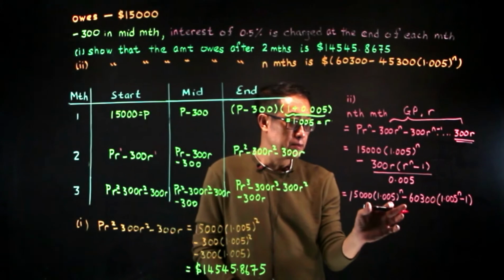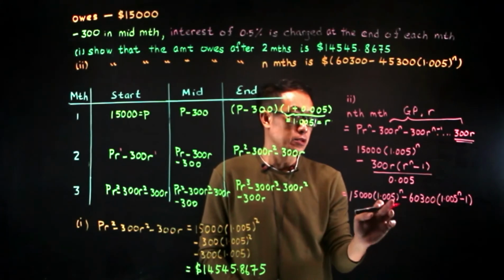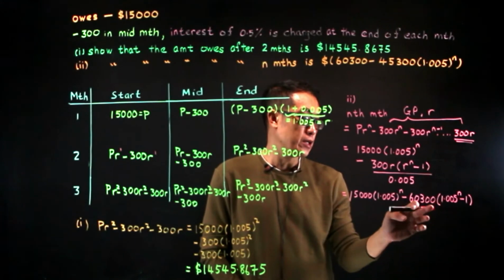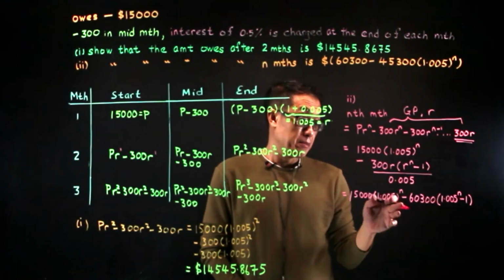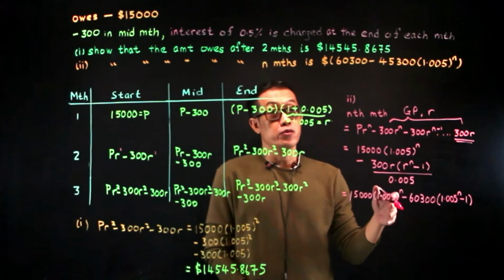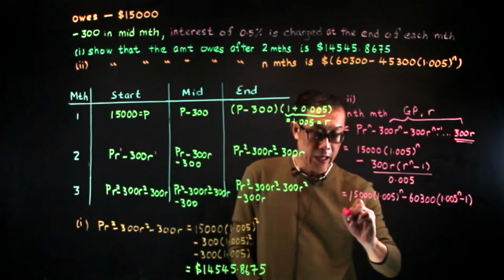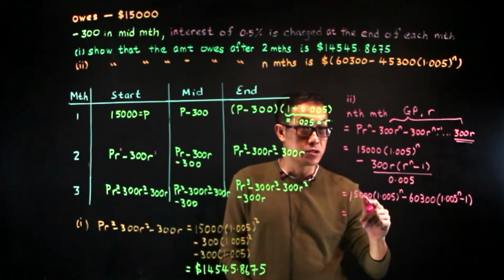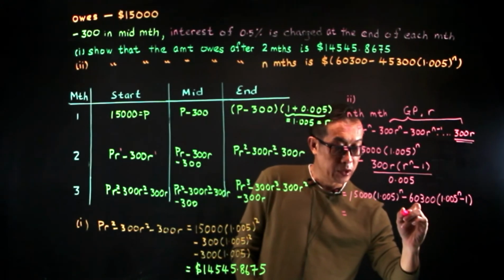Now these two terms, if you multiply out, are something times 1.005 to the power of n. They are like terms, so we can put them together.